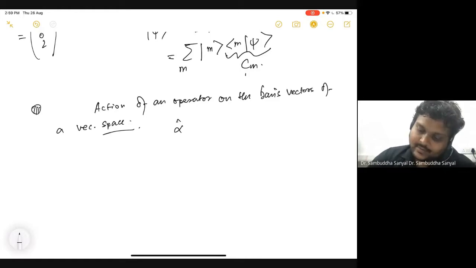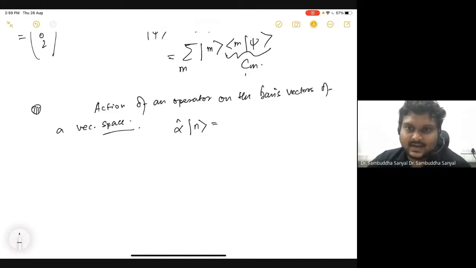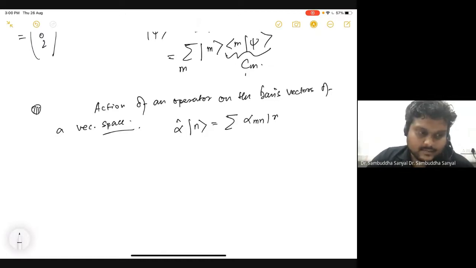So we realize that. Now if n is a particular basis vector, the action of alpha on n will take it to some other vector. And then there was one example which Anish talked about last time. You can check that it is true in a 2 by 2 space, and so the generic action will be some alpha_mn times m.